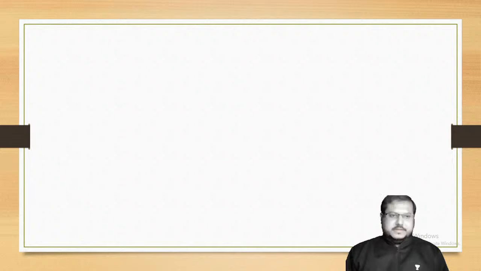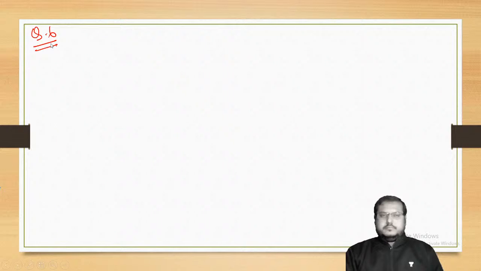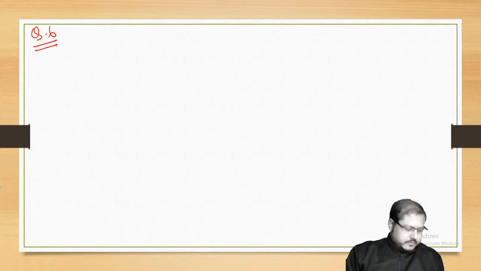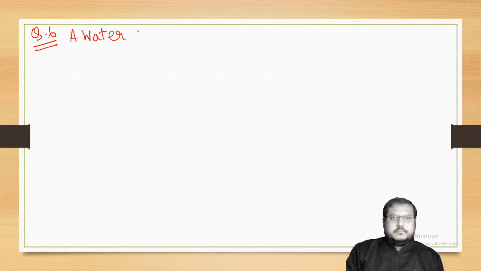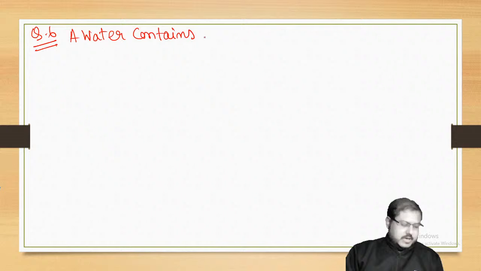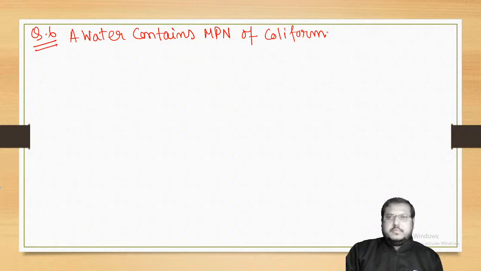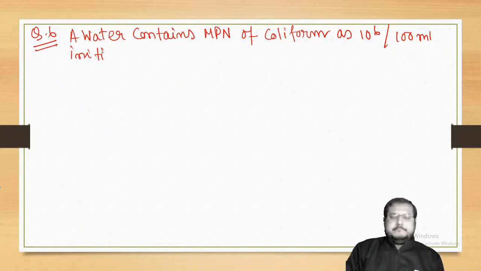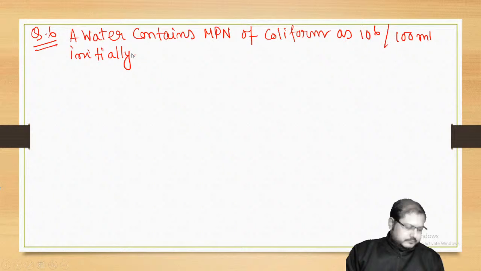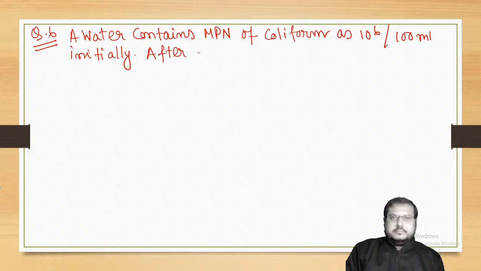Going for question number 6. Water contains ambient coliform as initial, and after chlorination the coliform decreases per 100 ml.